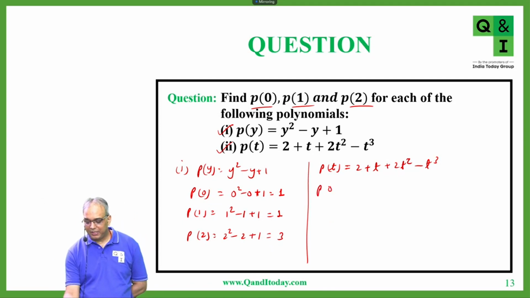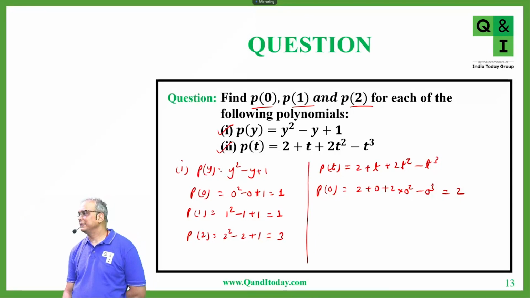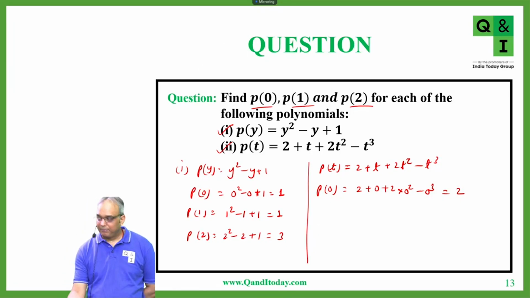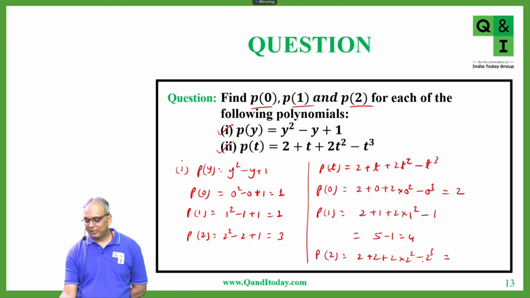So we have p(0) to calculate. p(0) is 2 plus 0 plus 2 into 0 square minus 0 cube, which is 2. p(1) is 2 plus 1 plus 2 into 1 square minus 1, so this will be 5 minus 1, that is 4. And p(2) is 2 plus 2 plus 2 times 2 square minus 2 cube. So 8 minus 8 is gone, which is 4. p(2) is 4.